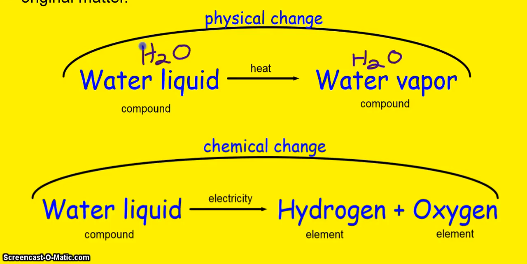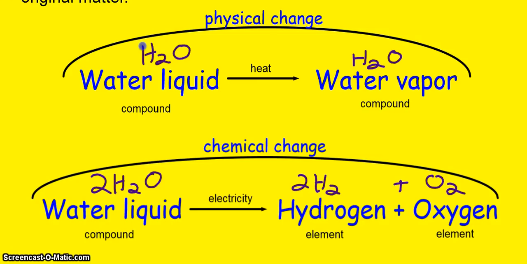When I compare that to the chemical change, if I use a different type of energy, I can derive it through a chemical decomposition. So I do still start with H2O. I did a little balancing there, which we will get to later in the year, but the point is what I finish with is a different chemical makeup than what I started with.